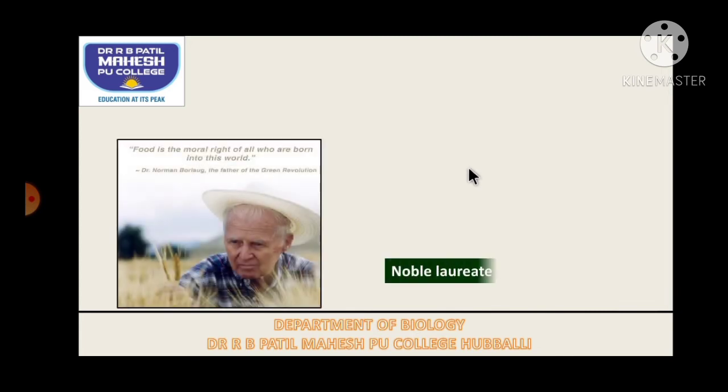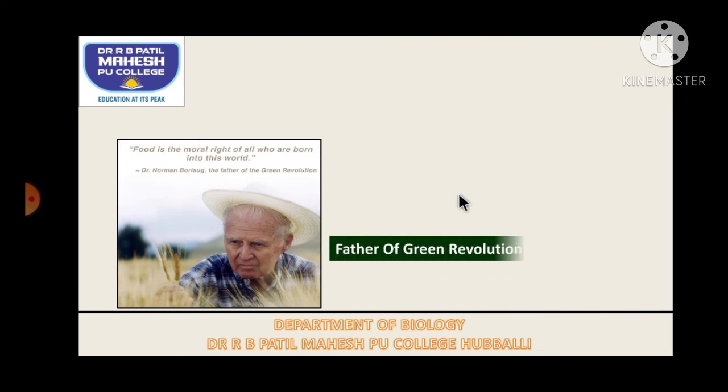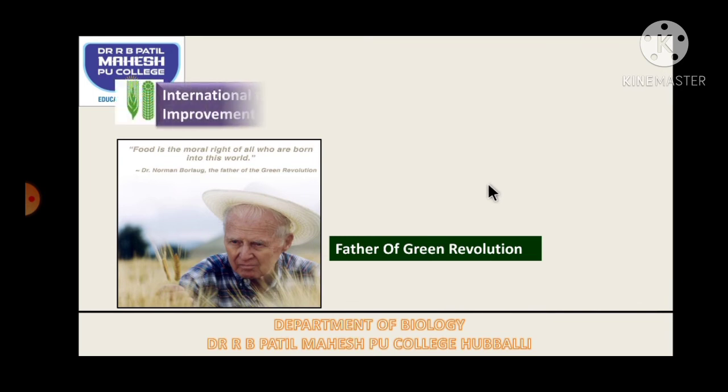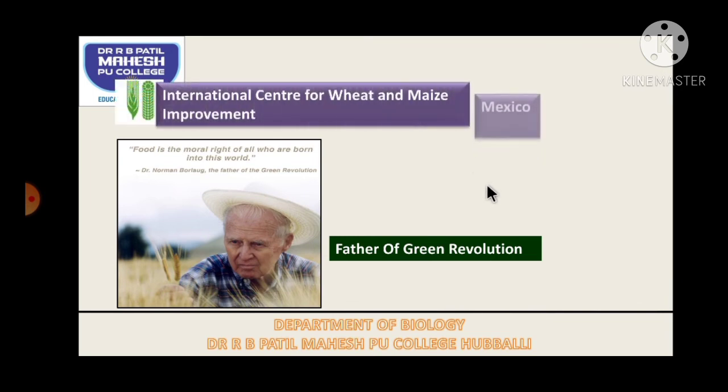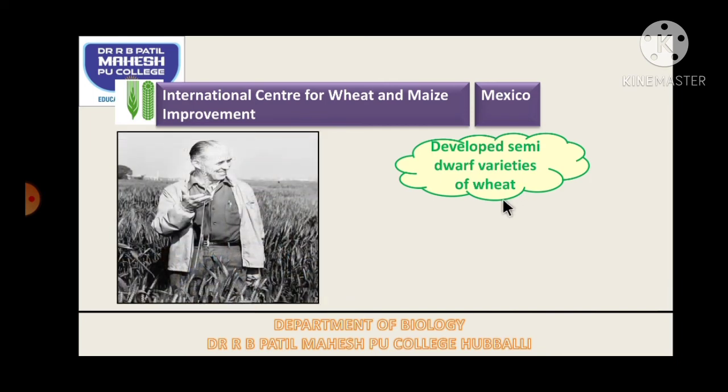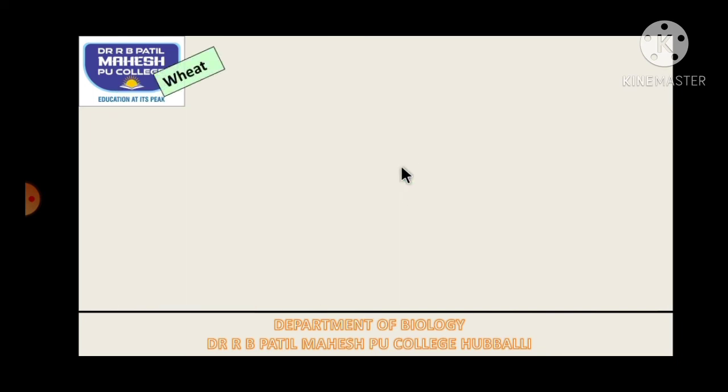The credit for the Green Revolution goes to a Nobel laureate by the name Dr. Norman E. Borlaug, who is regarded as the father of the worldwide Green Revolution. He, at the International Center of Wheat and Maize Improvement in Mexico, developed semi-dwarf varieties of wheat and also rice.